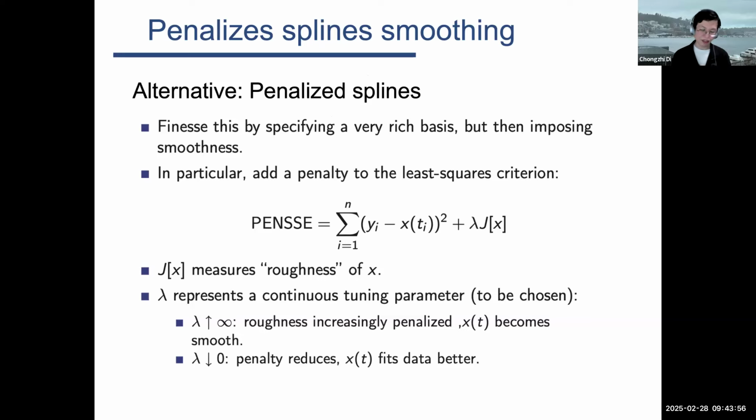But then to avoid the overfitting problem, we try to add some smoothness constraints, or sometimes we also call it regularization. So in the sense that we try to find the smooth curve, and then we try to minimize the prediction error. But at the same time, we don't want to get very wiggly fitting.